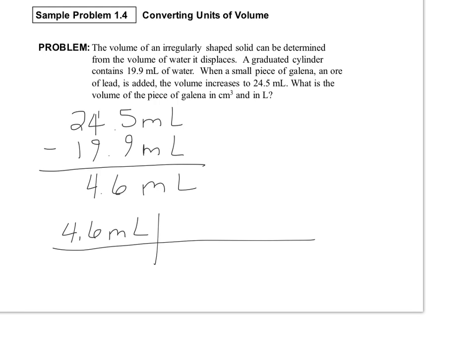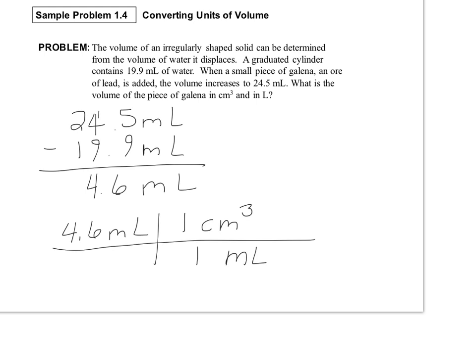Now, if milliliters is in the top of my T, it also has to be in the bottom so that it can cancel out, so that I can eventually be left with the volume the problem is asking. So I'm going to put milliliters in the bottom right there, and I flip in my textbook to page 14, and I look at these conversion factors for volume. And I see that in 1 milliliter, there is 1 cubic centimeter.